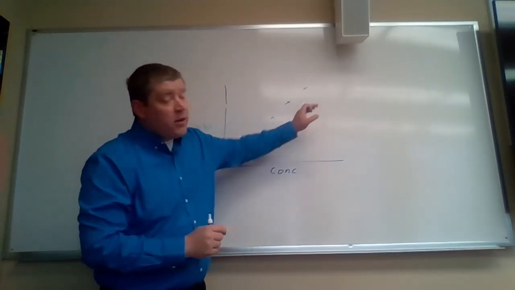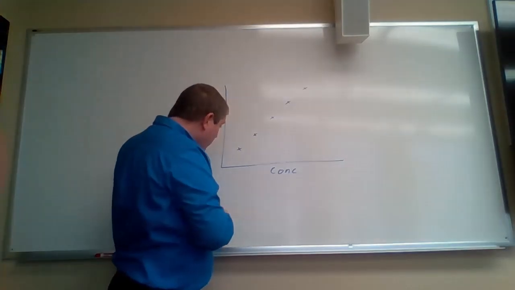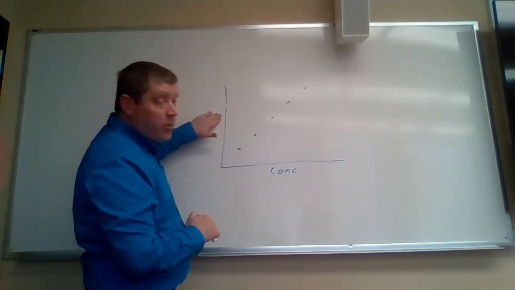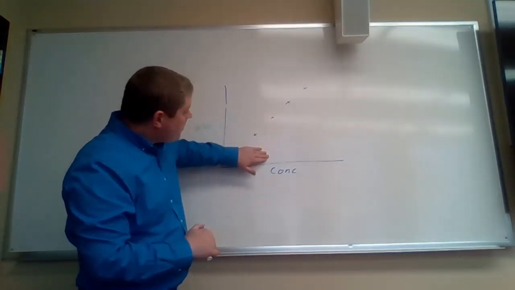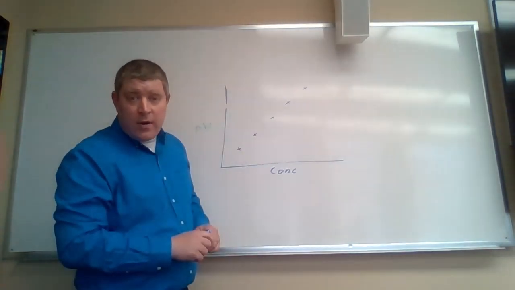It will be a linear function there. And that means that then, when we can come along later and with an unknown, record an absorbance value, and then track over and go down to find the concentration that that unknown has in it.